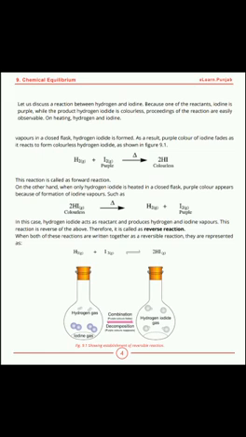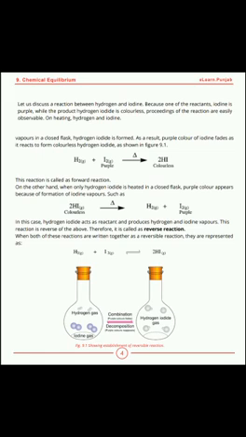Number 1, hydrogen iodide. A reaction between hydrogen and iodine. One of the reactants, iodine, is purple, while the product, hydrogen iodide, is colorless. Progress of the reaction is easily observable on heating hydrogen and iodine.